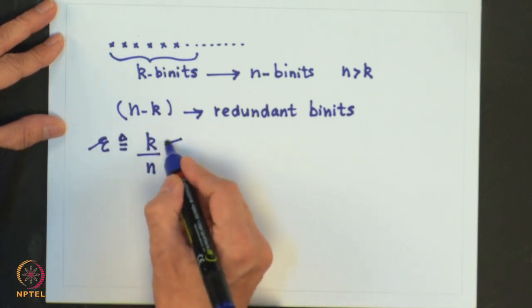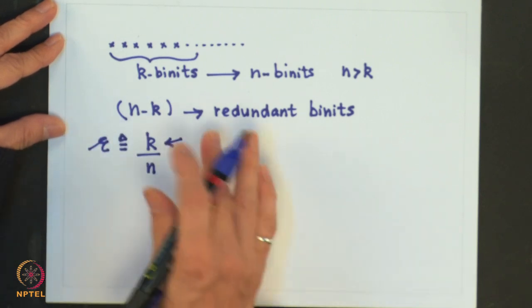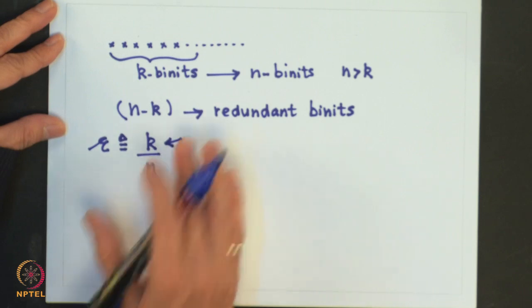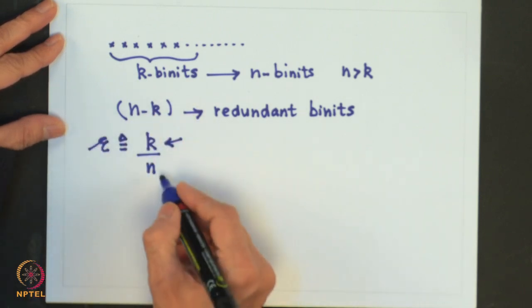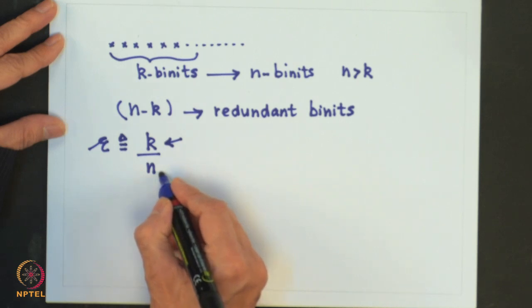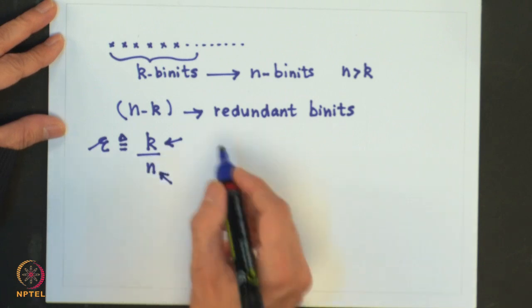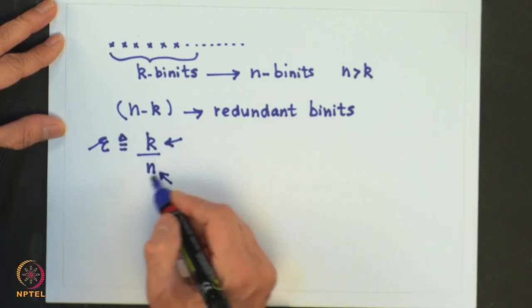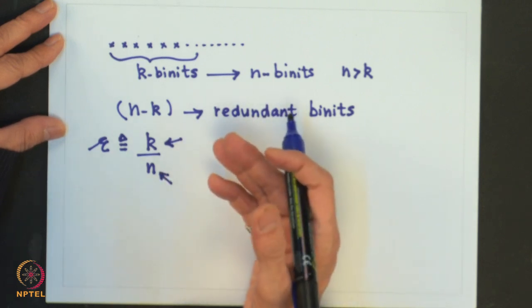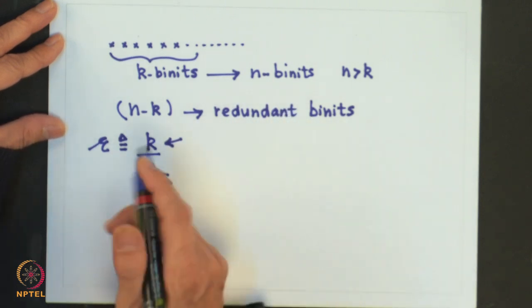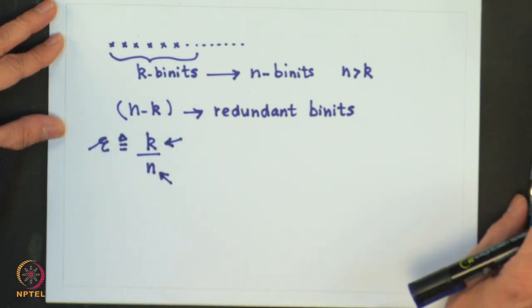So, for a prescribed k, the code rate R and therefore the system's coding efficiency will approach 0 as the block length approaches infinity. That means if you keep on adding more and more redundant bits, the reliability of communication will increase, but simultaneously the code rate will fall down.